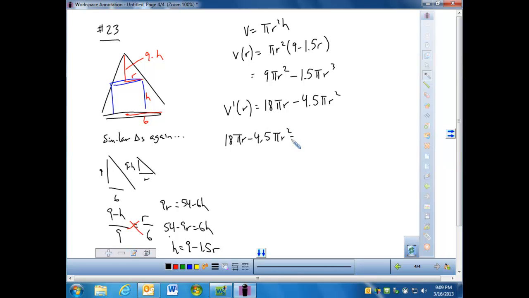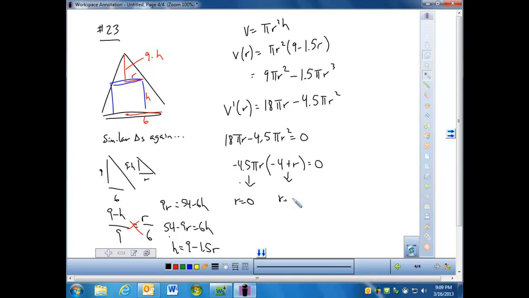You don't have to factor it that way. That's just the way that makes sense to me. So when I factor that out, that means I've got negative 4.5 pi r times (r minus 4) equals 0. Set each of those two things equal to 0, and I get r equals 0 and r equals 4. Two solutions here.